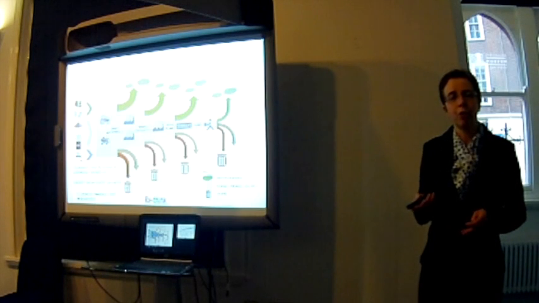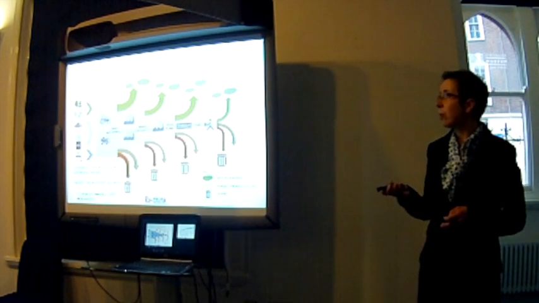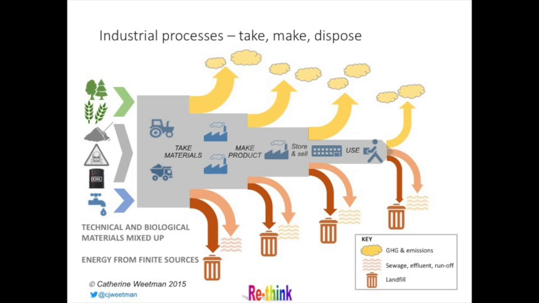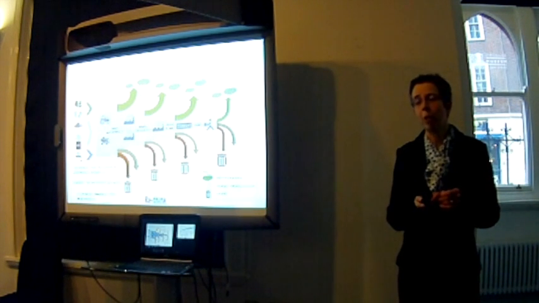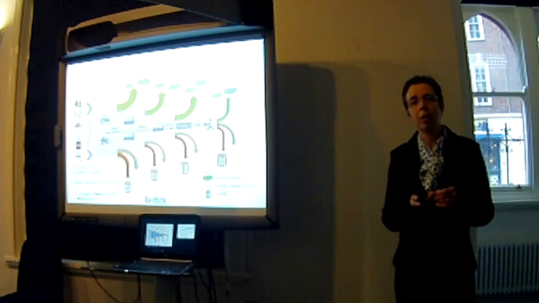And if we look at our industrial processes, this represents a typical process. So we take some materials, we make something out of it, we use it, and then we throw it away. And the materials, they're obviously finite resources, they're not being renewed at anything like the rate that we're using them at.